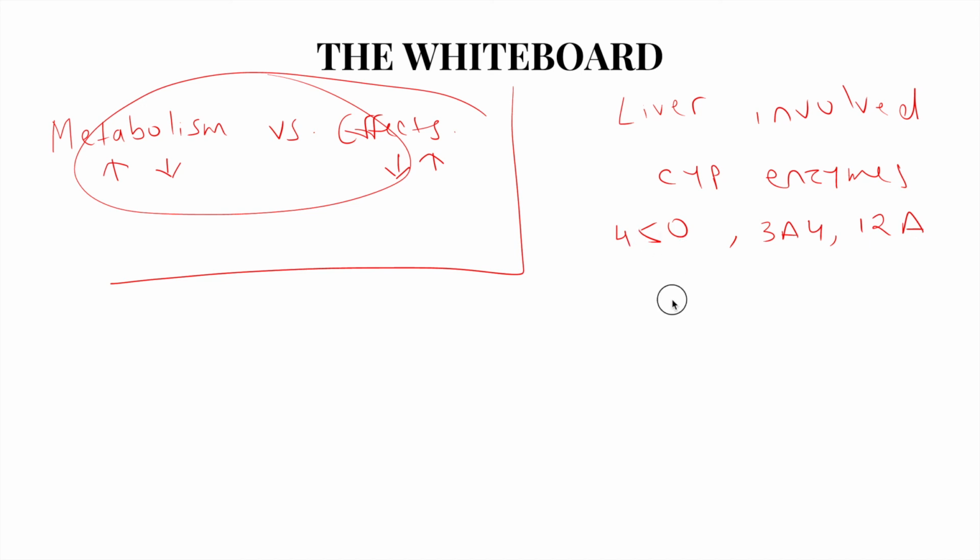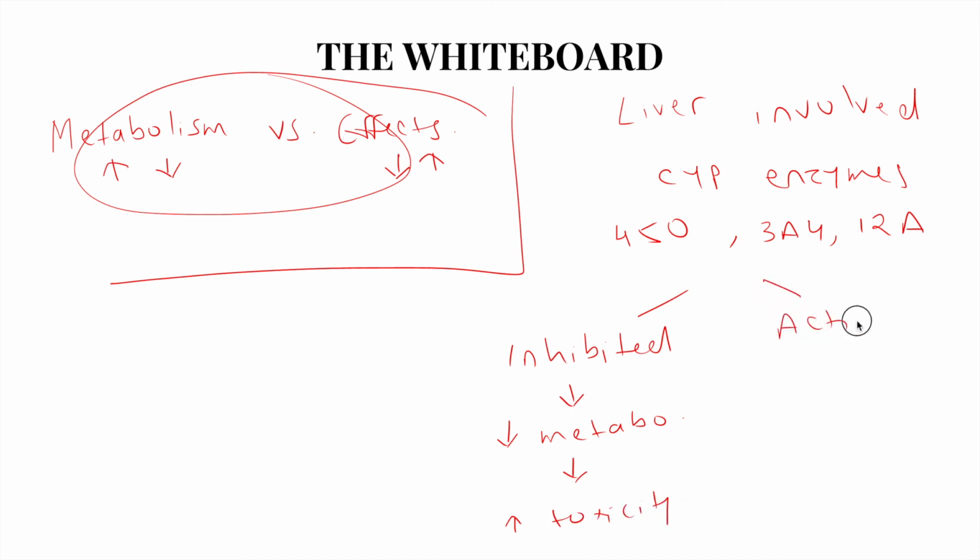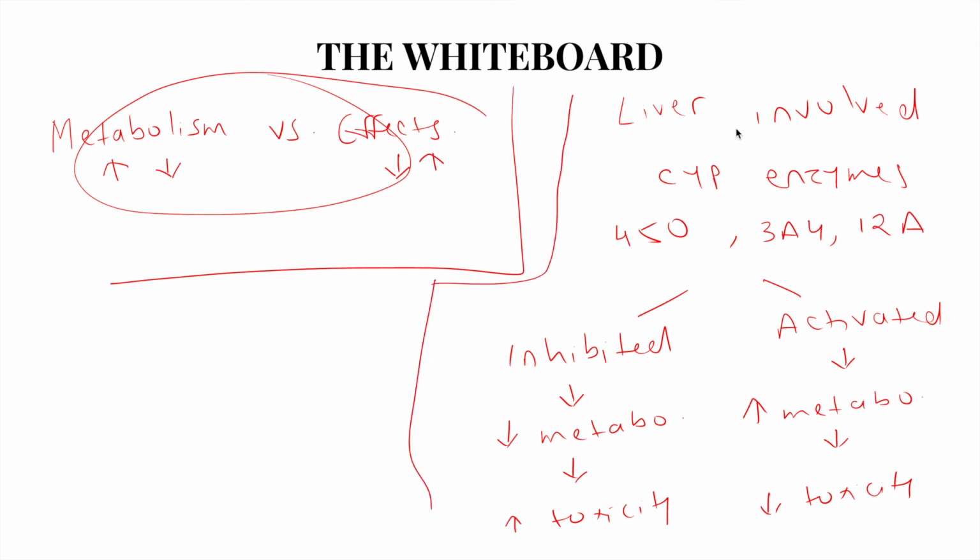Whenever these are inhibited, we have decreased metabolism, leading to increased toxicity. Whenever these are activated, we have increased metabolism, leading to decreased toxicity. This pattern, if you can remember this pattern right here in drugs that are involved with liver enzymes, majority of our drug interactions are set.